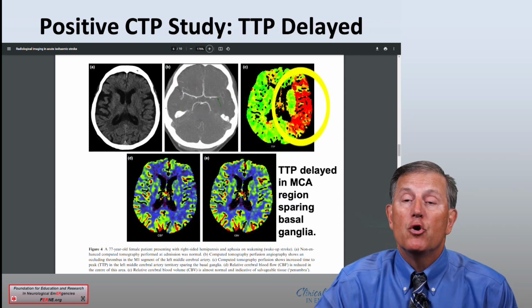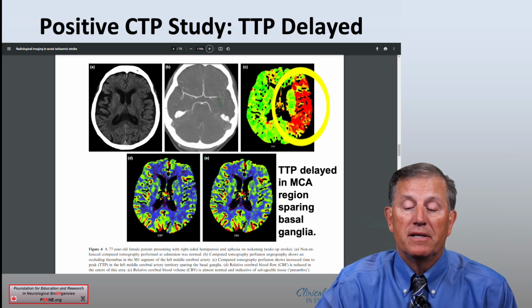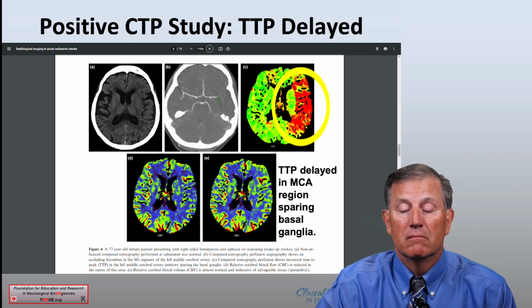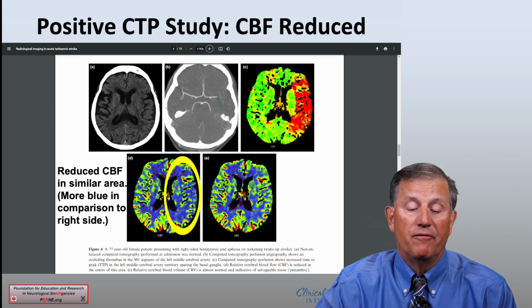The time to perfusion is delayed in this MCA region, but it does spare the basal ganglia, which is next to it in green. Now you can see there is reduced cerebral blood flow in the same area as the area that had the increased time to perfusion. In other words, there's more blue on this side as compared to the right.